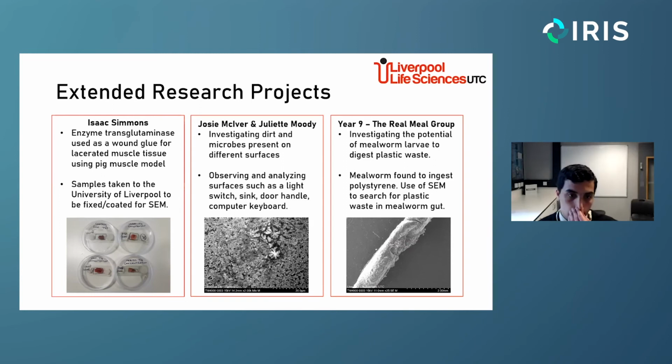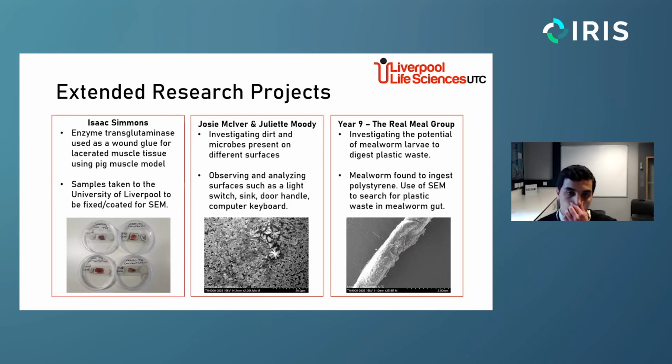Due to the light microscope not being able to provide enough help, they've sent it to the University of Liverpool because we had not received the SEM yet. They want to check how much of an effect it has on the muscles and how much it would glue it back on. As you can see in the picture are the muscles.